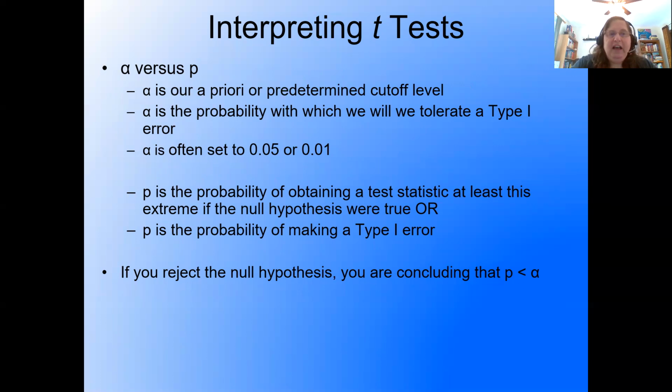P is the probability of actually making that type 1 error. And so when we reject the null, we are concluding that P is less than alpha, that our probability of making a type 1 error is less than our tolerance. In this case, less than 0.05. Okay. So absorb that.